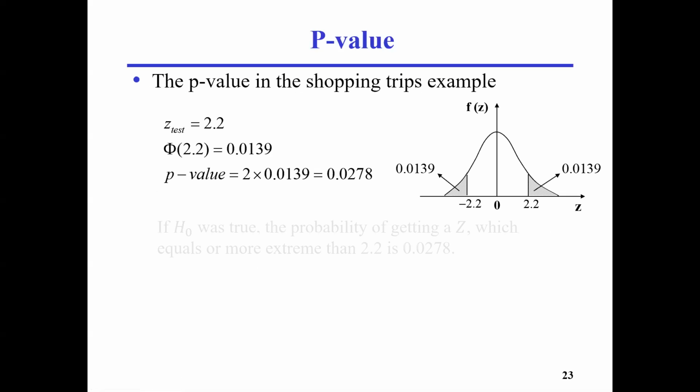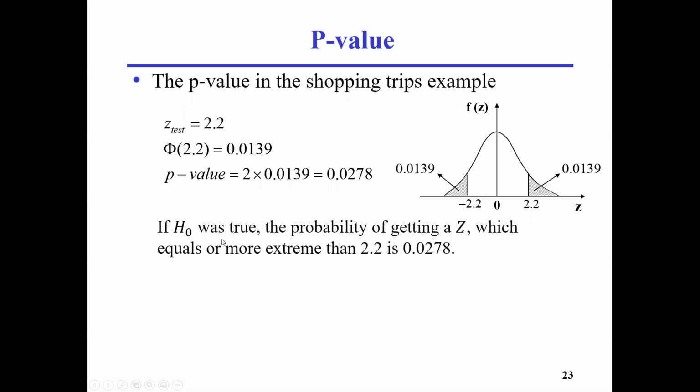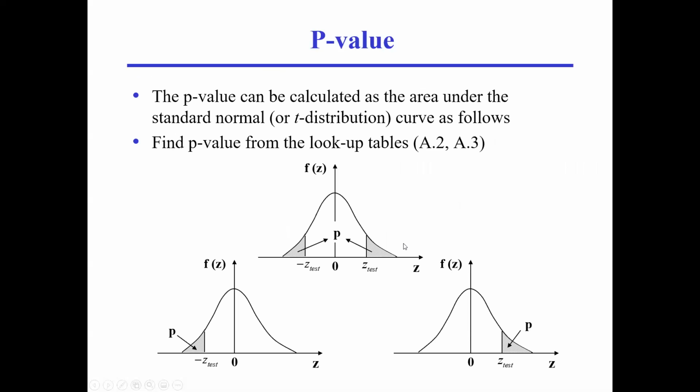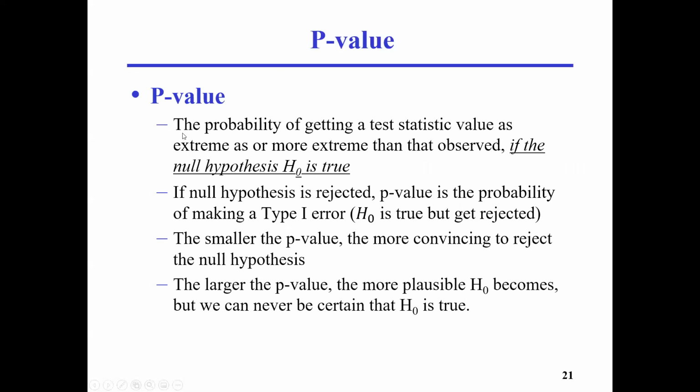Okay, and if H0 was true, the probability of getting a Z which equals or is more extreme than 2.2 is 0.0278. This is actually a specific translation of this sentence: the probability of getting a test statistic value as extreme as or more extreme than that observed if the null hypothesis is true.